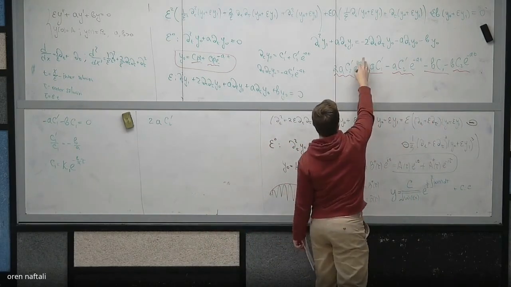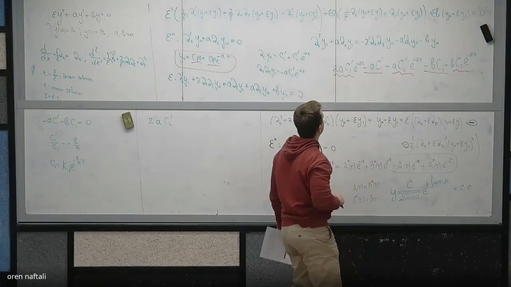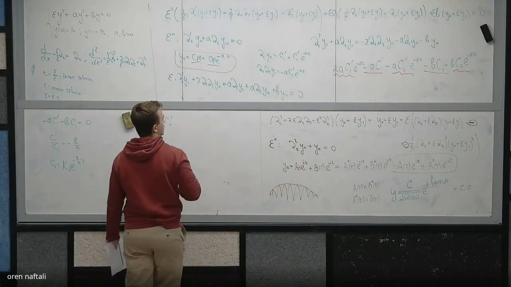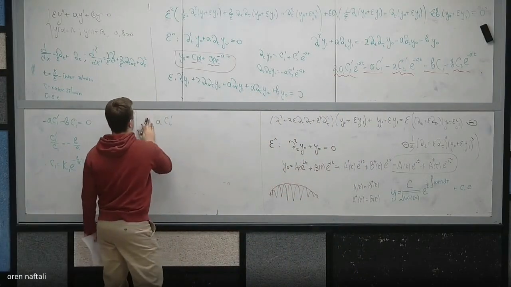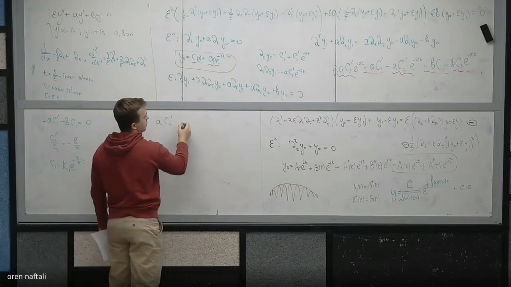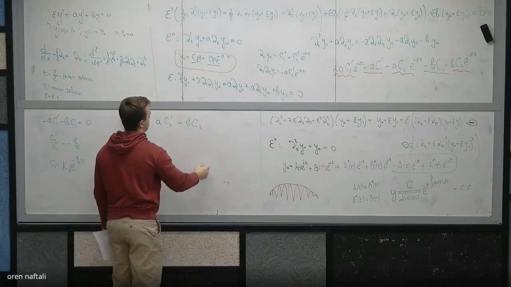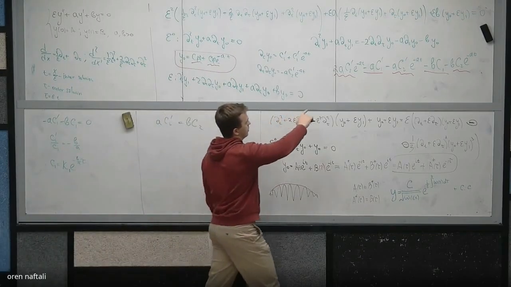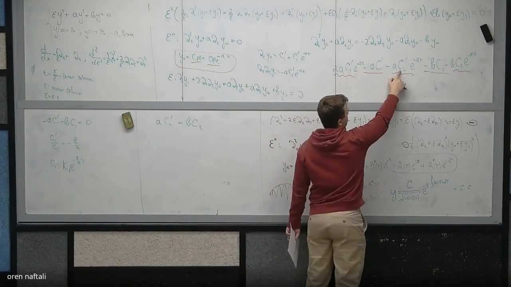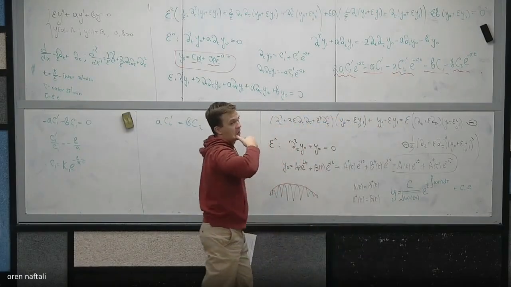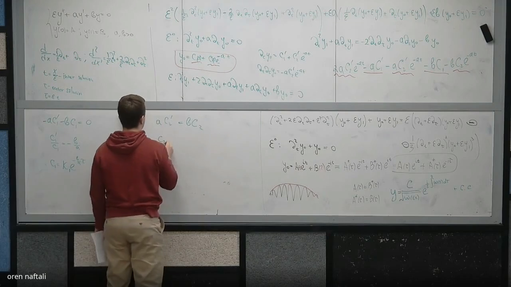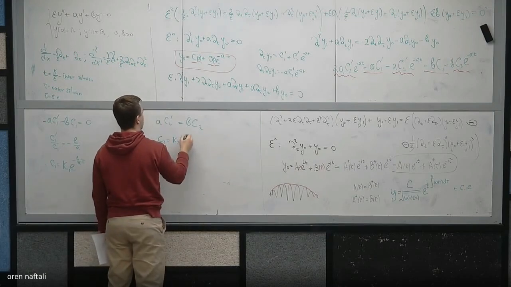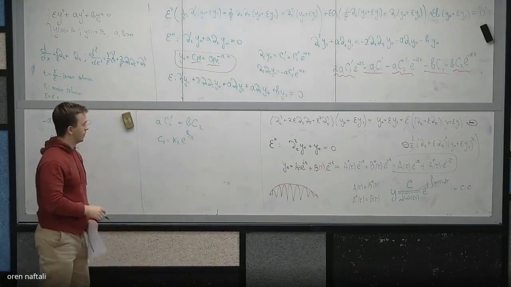That's why I can cancel out the exponent. So I have just this equals B times C2. Here I have 2A times C2 prime minus AC2 prime. Okay. And then C2 is some K2 e to the B over A, with a plus sign, times tau.